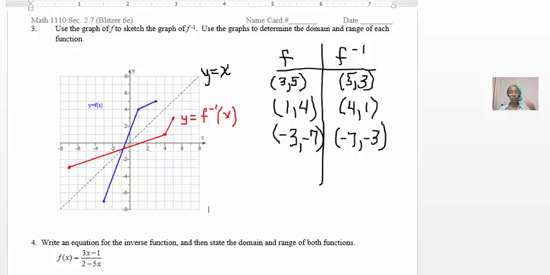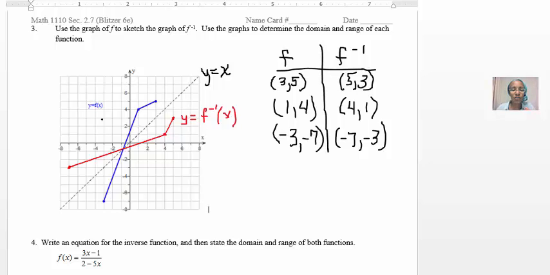And just using symmetry, everything has a reflective property when I'm looking at a function and then comparing what I see in the function to its inverse.